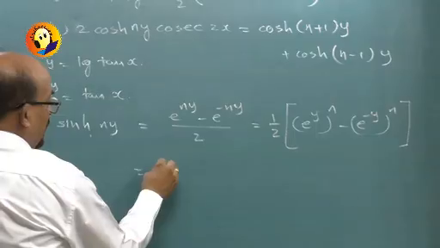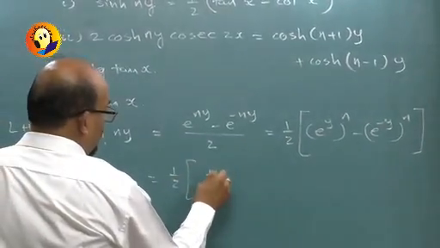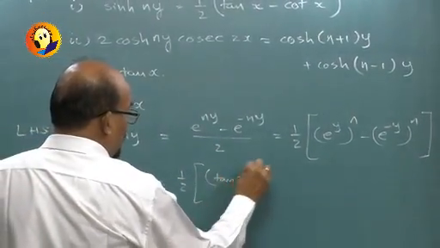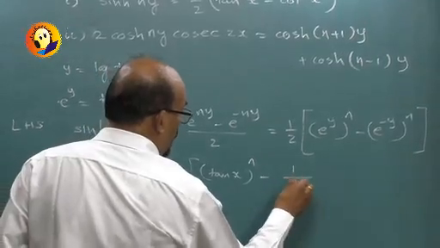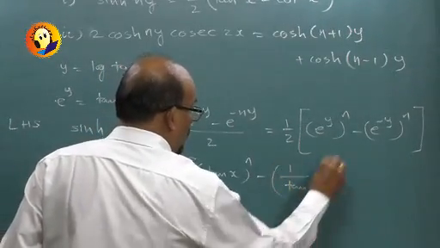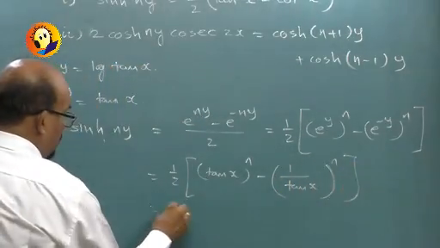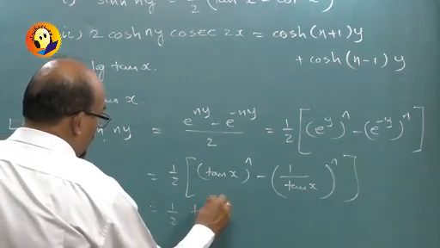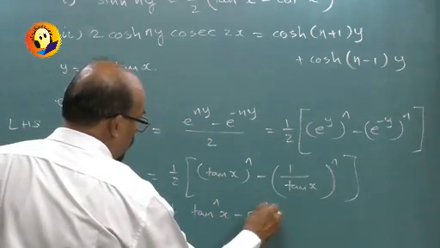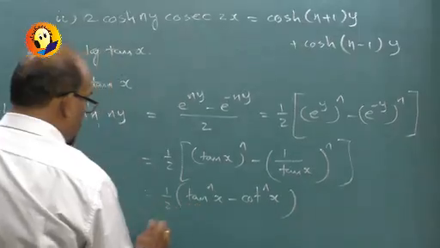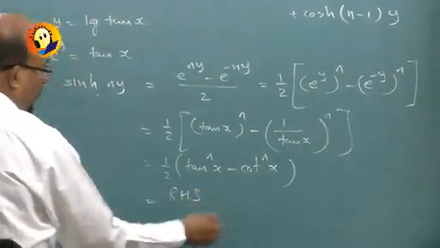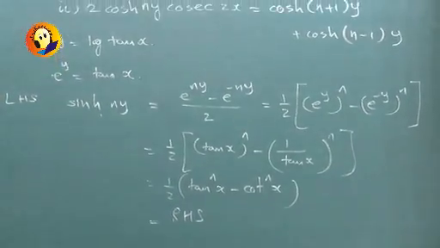E raised to y is tan x, so it is tan x raised to n minus 1 upon tan x raised to n, and becomes half tan raised to nx minus cot raised to nx, which is RHS.